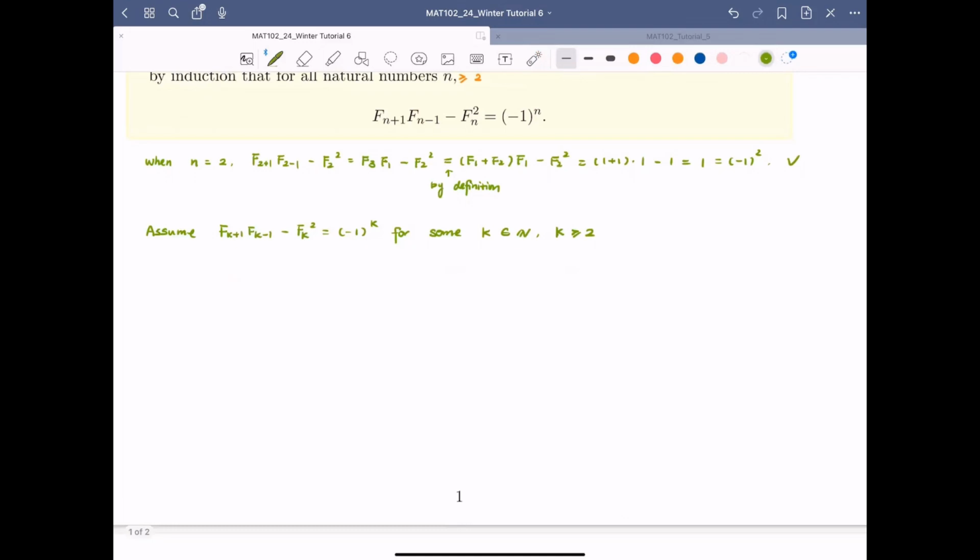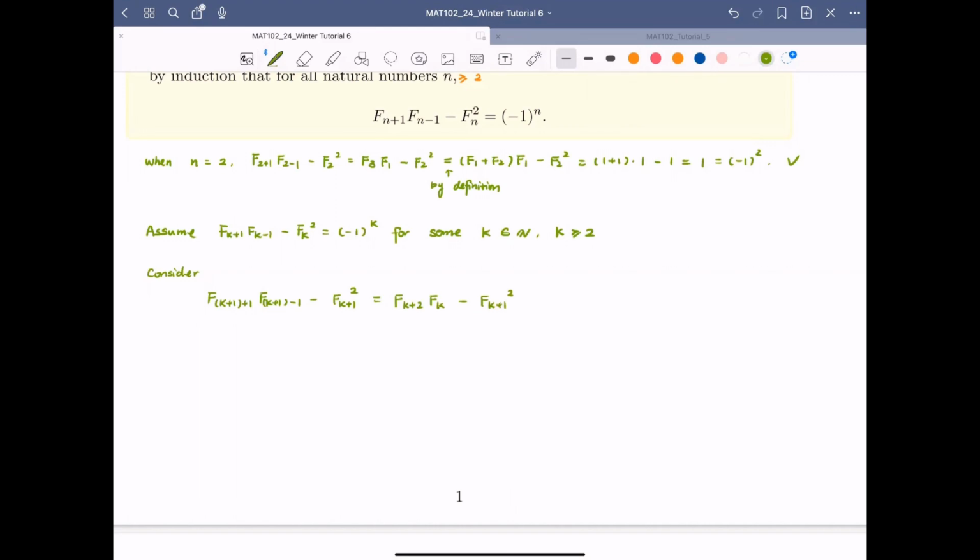And now, consider f of k plus 1 plus 1, times f of k plus 1 minus 1, minus f of k plus 1 squared. Okay, let's simplify it. f of k plus 2 times f of k, minus f of k plus 1 squared.